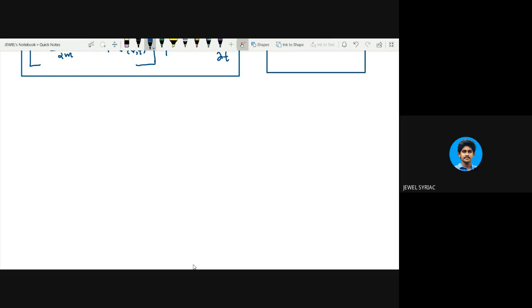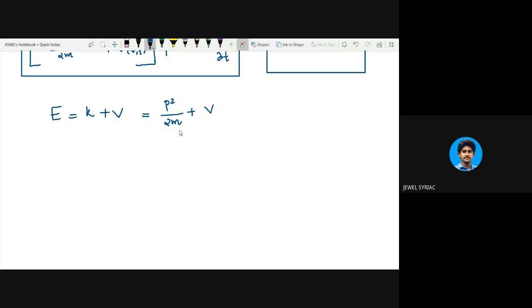We know total energy of a particle that moves in a potential field is given by total energy is equal to kinetic energy plus potential energy. Or we can say, what is kinetic energy? We know the expression of kinetic energy in terms of momentum as p square by 2m plus V. Take V as potential energy.